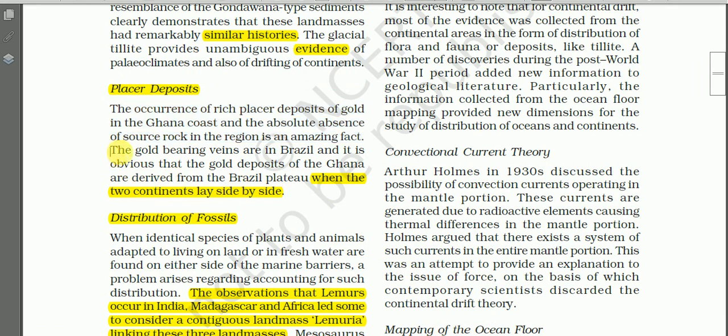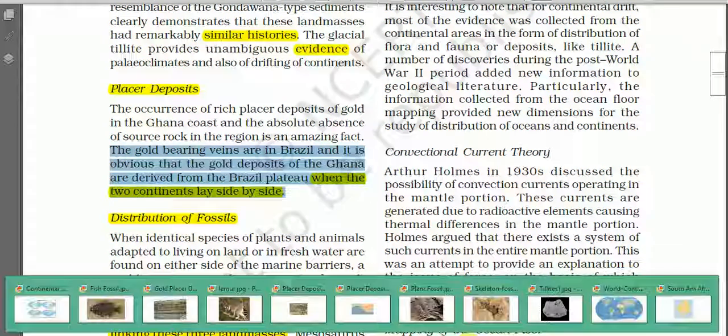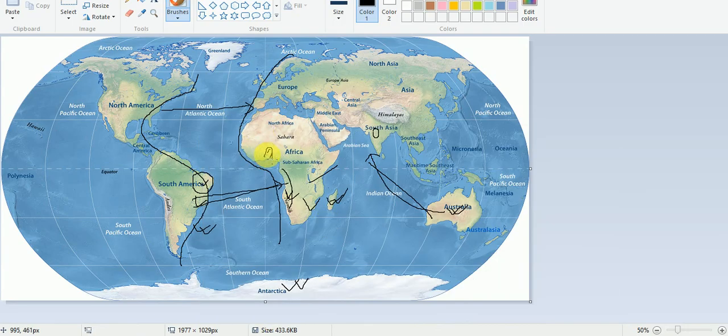The gold bearing veins are in Brazil, and it is obvious that gold deposits of Ghana are derived from the Brazil Plateau when the two continents lay side by side, okay. See here, gold deposits of Ghana are derived from this Brazil Plateau when the two continents joined together here.